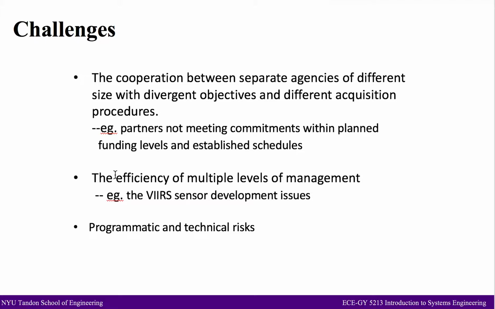The last one is the programmatic and technical risk that affects successful and timely deployment of the system, especially changing funding streams and reversed schedules, which have delayed the expected launch date of the first endpoint satellite, and concerns with the development of key sensors and the data processing system cause additional delay in the satellite launch date.